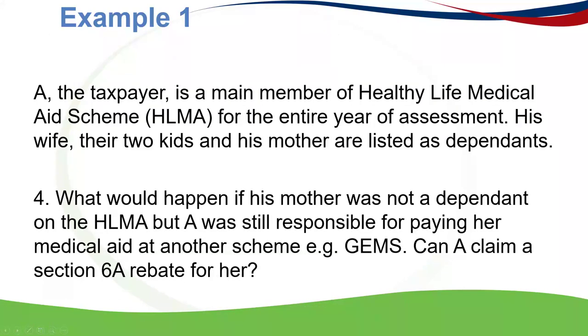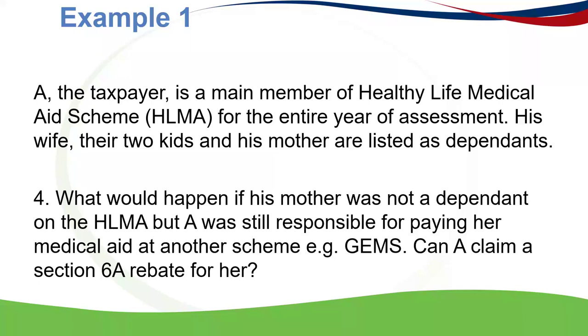And then if we look at the last question, what would happen if his mother was not a dependent on the current medical aid, but the taxpayer was still responsible for paying her medical aid at another scheme? For example, if the mother had her own medical aid, but she doesn't make contributions towards that medical aid, and the taxpayer is the one who makes the contributions, what would happen in that regard?